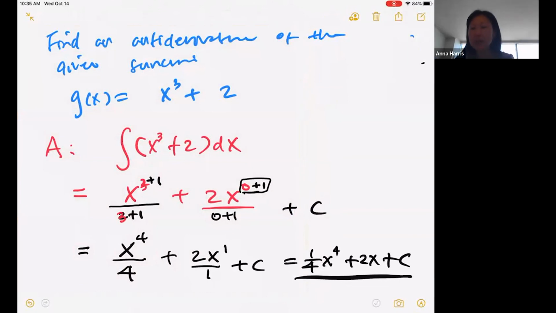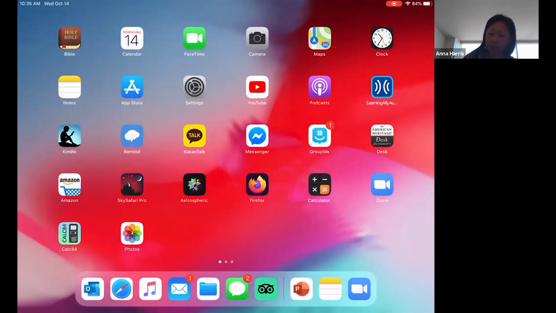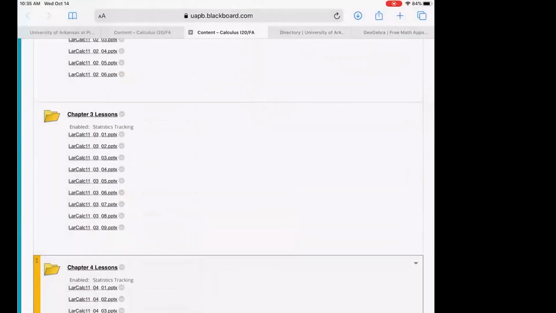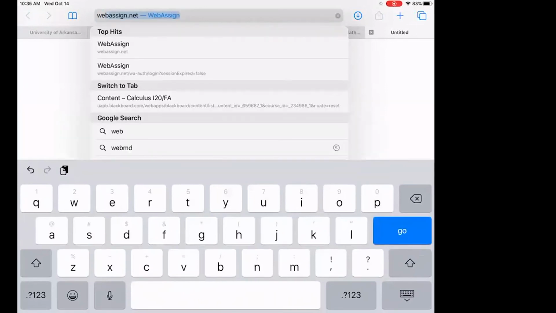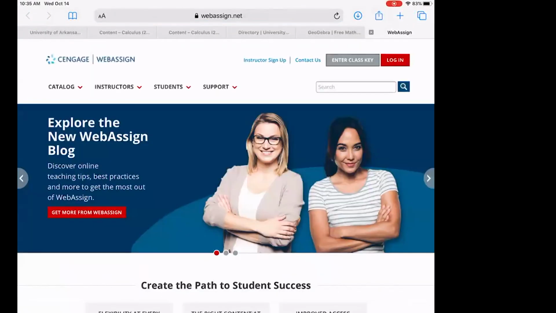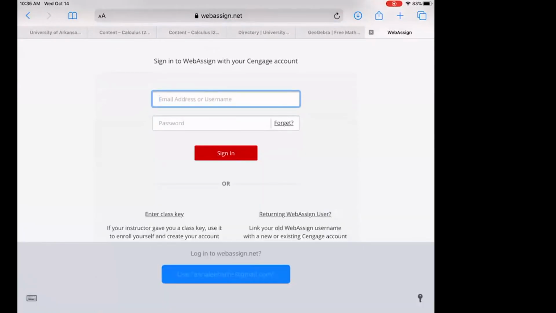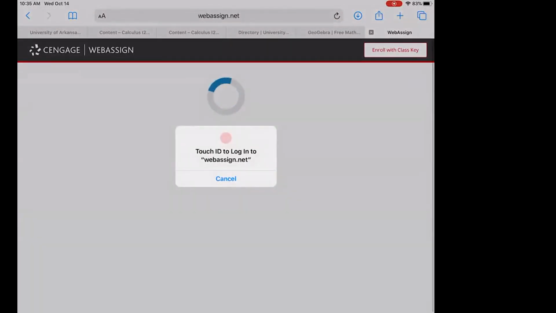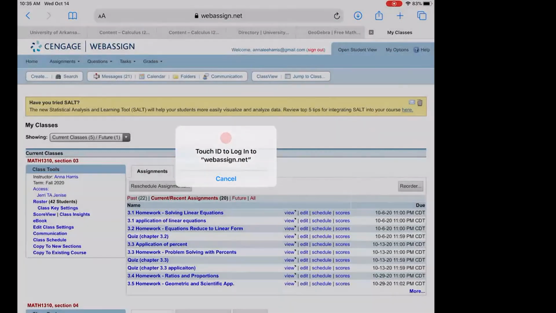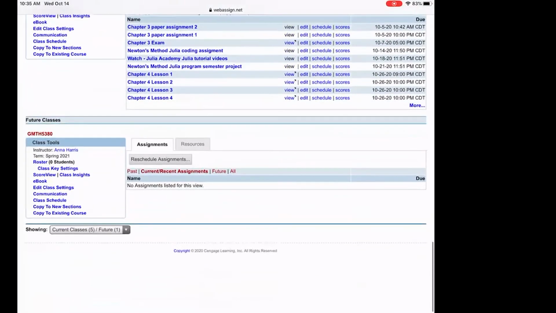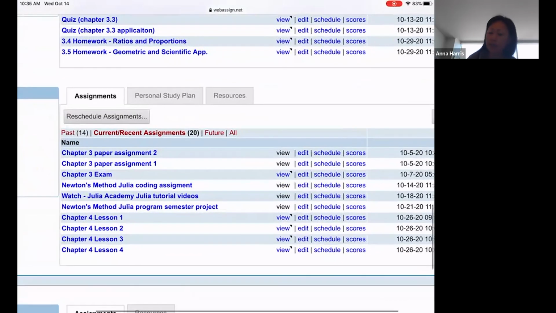Does everybody understand what to do now? Okay, let's look at your homework problem. All right, when you look at your homework problem, does everybody see it?